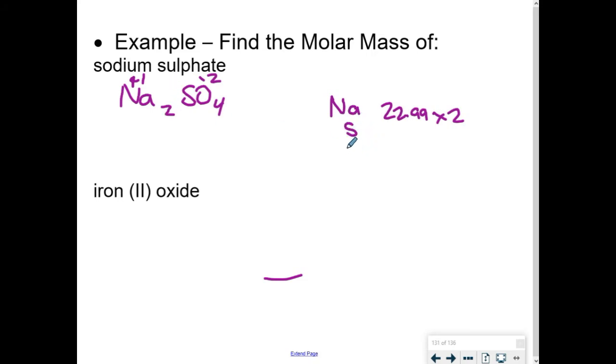How much does a sulfur weigh on average? Did we find that on the table? How much does sulfur weigh on average? Find it? What'd you find? Perfect. 32.0. Is it 6 or 7?